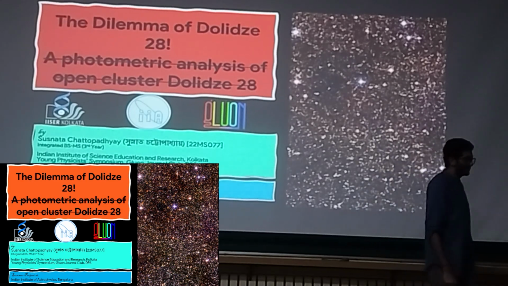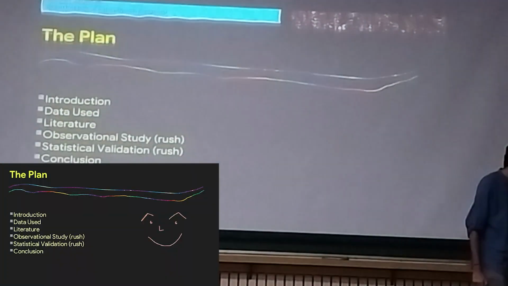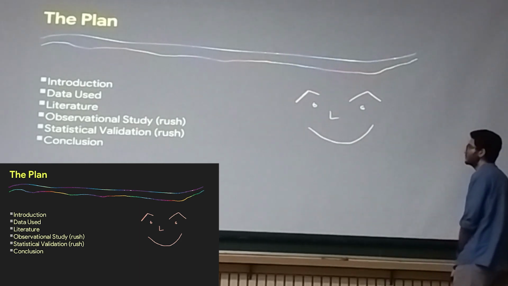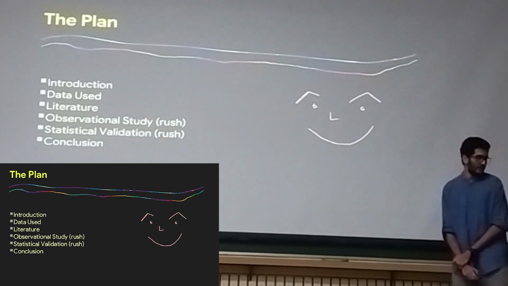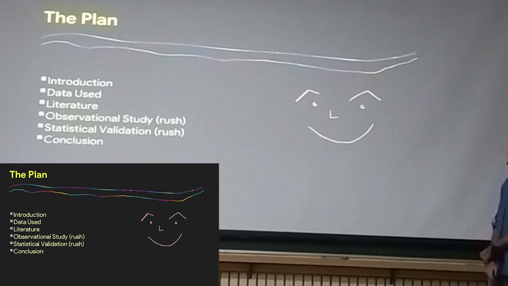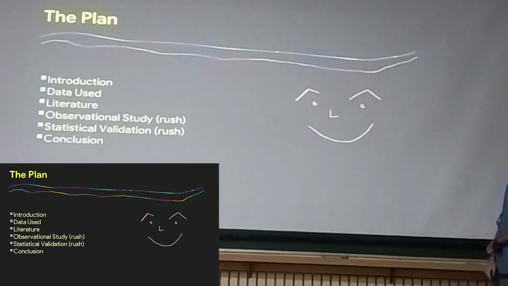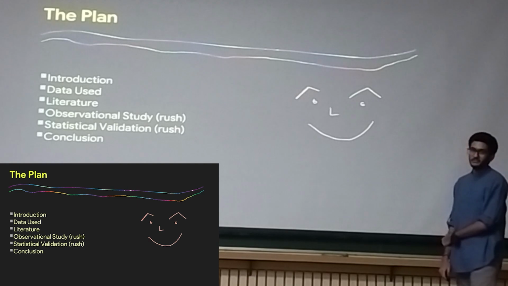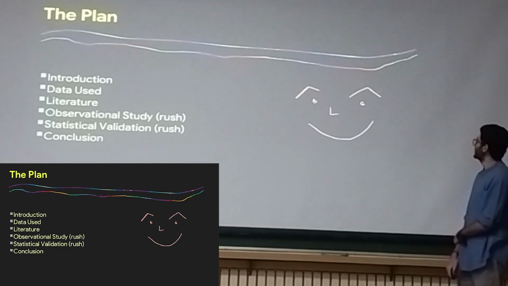How was it the dilemma? Let me show you. The plan of today's talk is to introduce what clusters are, what data I used, and where we find these objects in the literature, and rush to the theoretical things, because we don't actually visualize them, it's just maths, and then finally conclude.